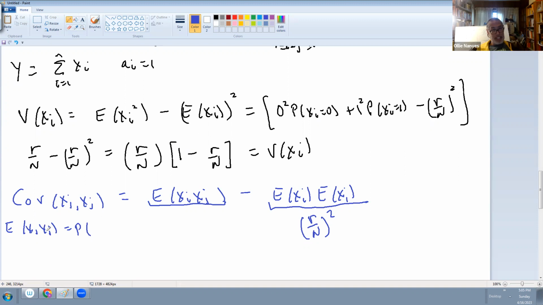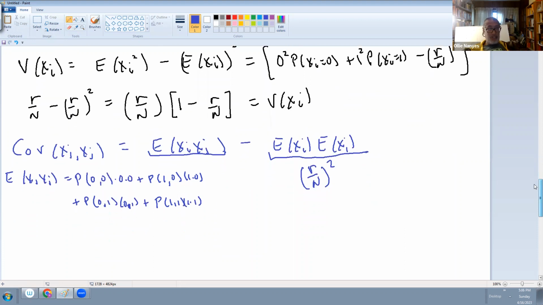The first is the probability of xi and xj both 0, times 0 times 0, plus the probability of xi being 1, xj being 0, times 1 times 0, plus the probability of 0, 1 times 0 times 1. Oops, I screwed that up, that's a times, not a comma. And then we've got the probability of 1, 1 times 1 times 1.